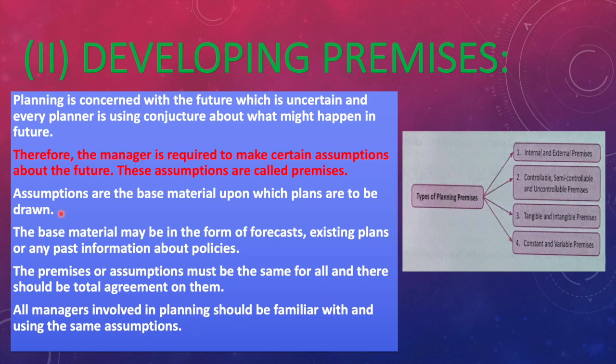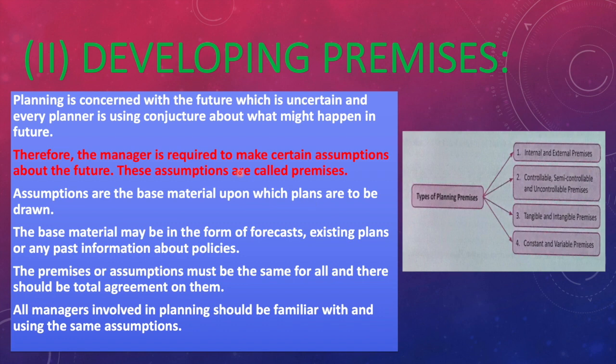Getting it? And in the business world, it is very difficult to predict things. The business world is always dynamic and uncertain. So the manager is required to make certain assumptions. He will assume that if this happens, I will do this; if that happens, then I will do that. These assumptions are actually called the premises.